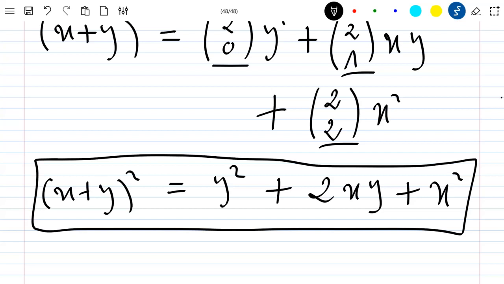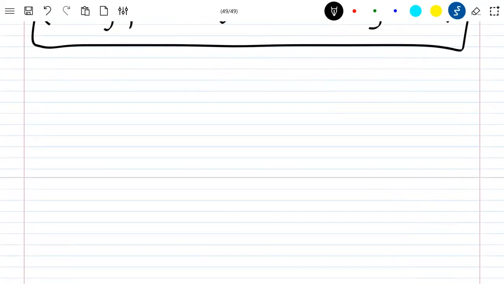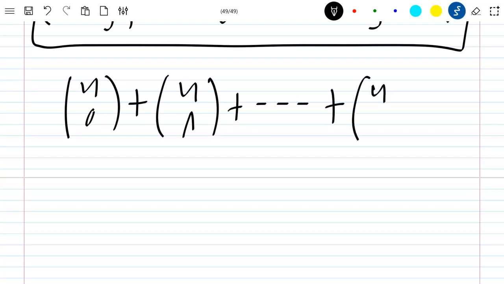Now we are going to apply this binomial theorem to show that the sum of n choose 0 plus n choose 1 plus until n choose n is equal to 2 power n.